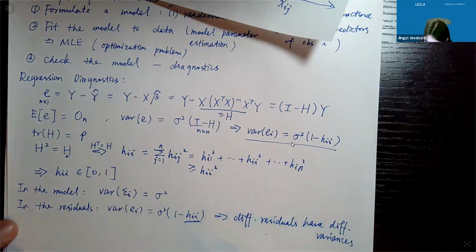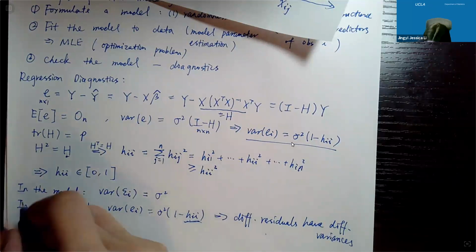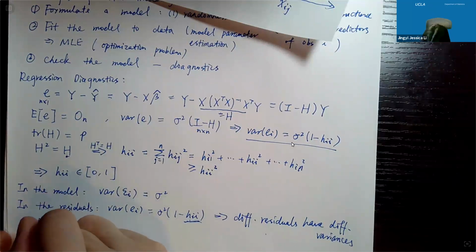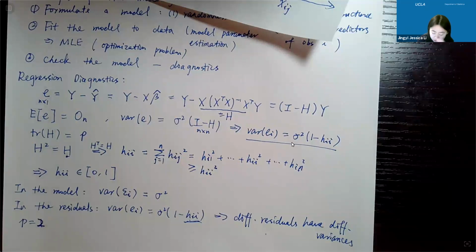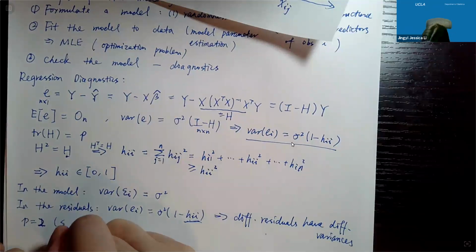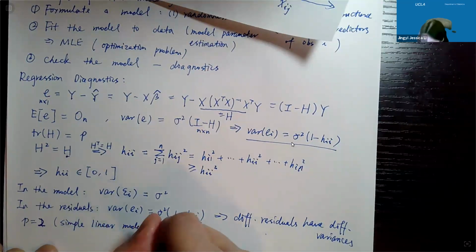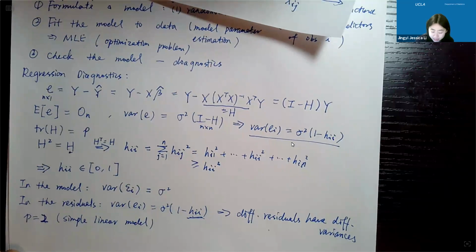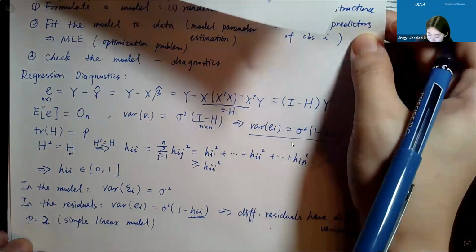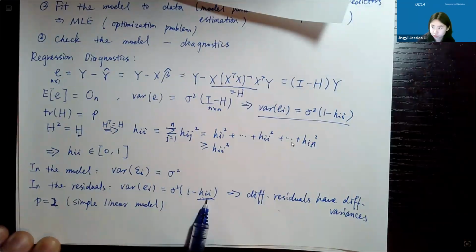But for now, let's talk about the H_ii in the special case P equals 1. That's the simple linear model. Sorry, I should say P equals 2. I think that's a typo in the note. Based on our notation, in the simple linear model we have one predictor, so P equals 2. In that case, we can write down the H matrix.